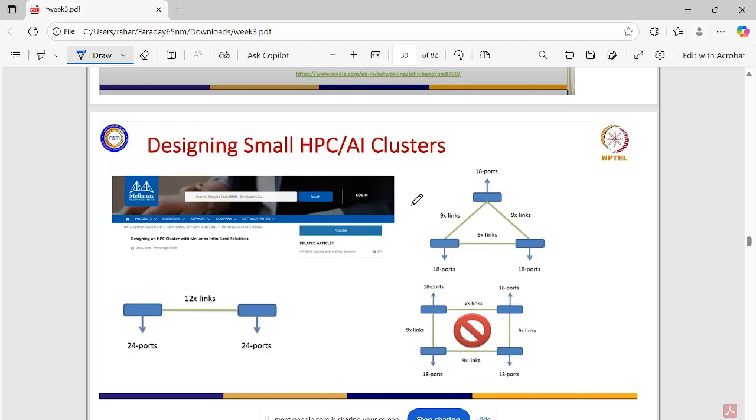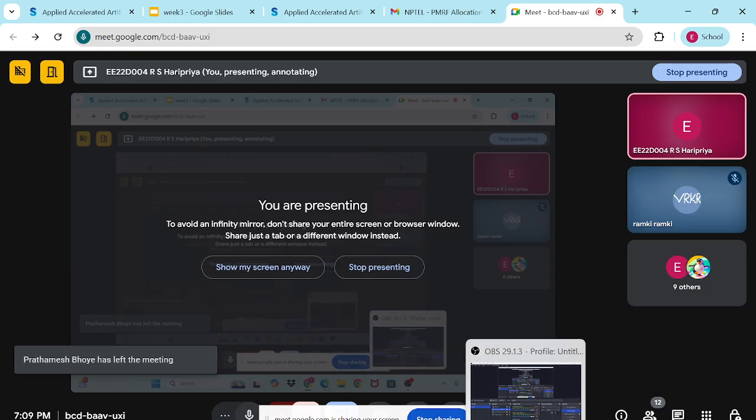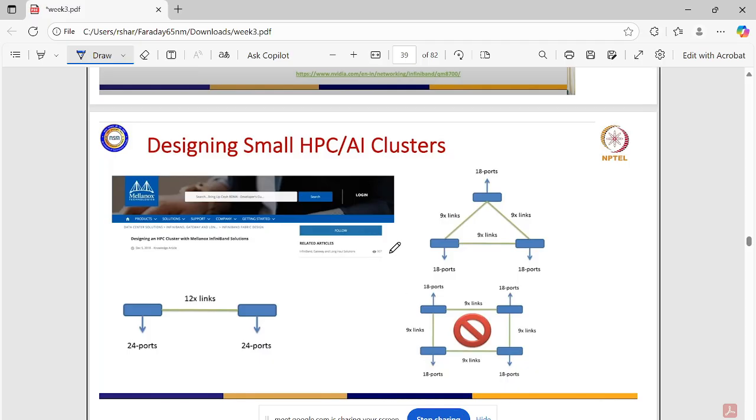Therefore, we need to connect them in a well-defined manner, because we want the communication to be symmetric.